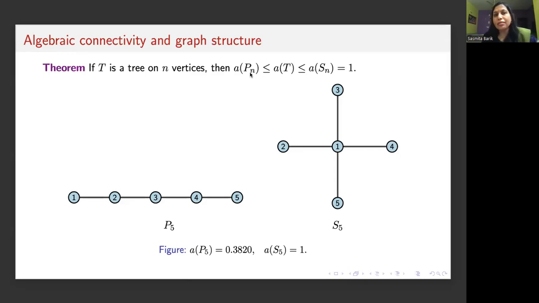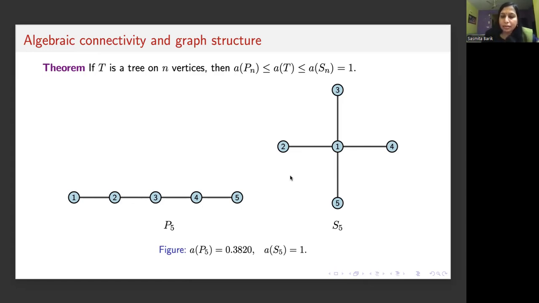So in the tree case, the path takes the minimum algebraic connectivity and the star takes the largest. You can see that the path is not having large degree vertices, while the star has a largest degree vertex of degree n-1. That way it has been connected.